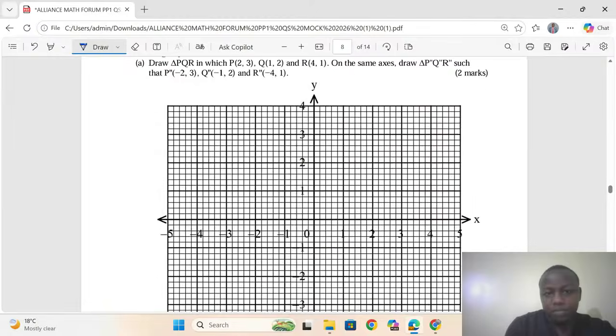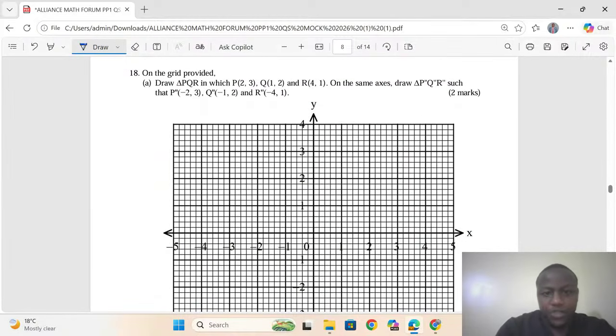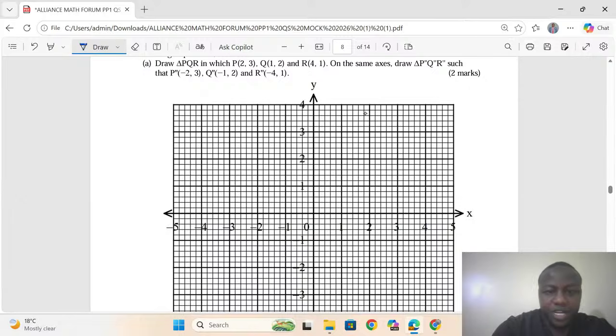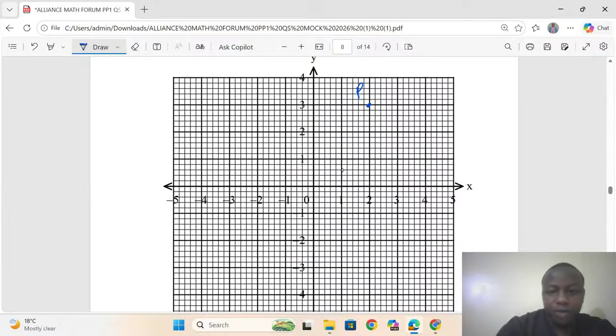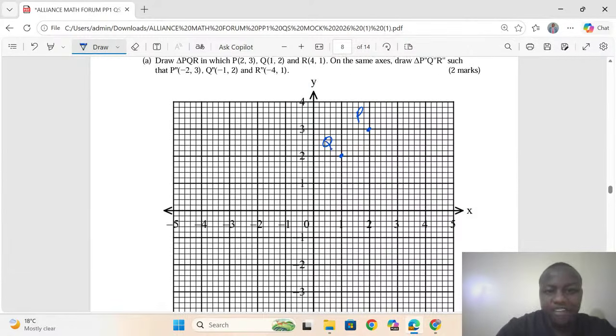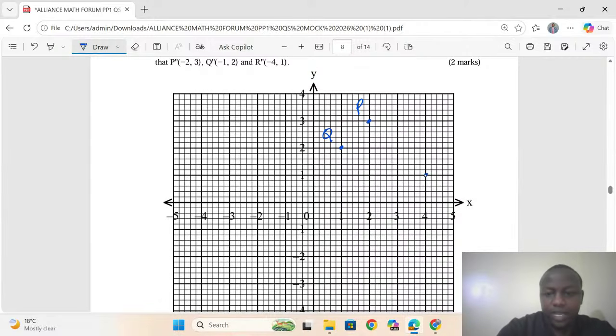So the first one, P, is 2, 3. This is the coordinate. That will be P. Q is 1, 2. That is Q. Then R is going to be 4, 1. 4, 1 is here.